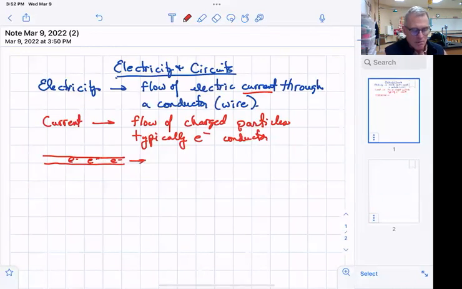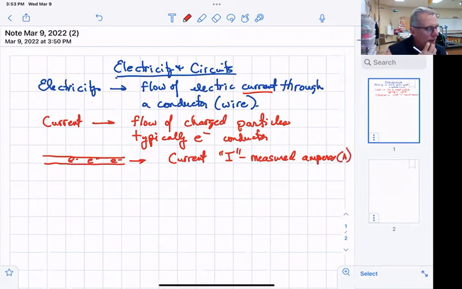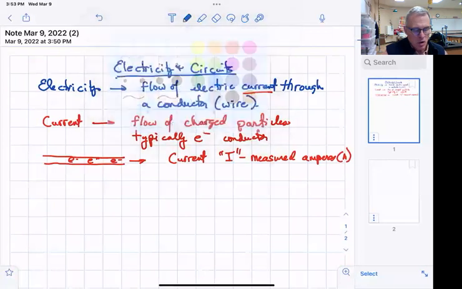The variable for current is I. It's measured in a unit called amperes, and those are abbreviated A. Another way to think about this is it's analogous to a water pipe.